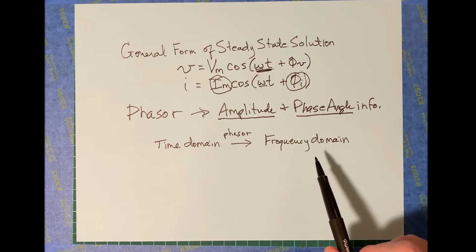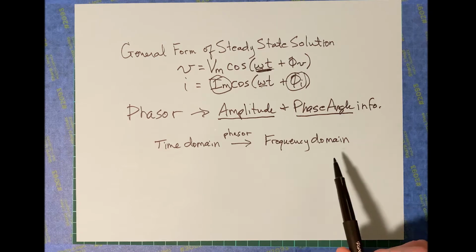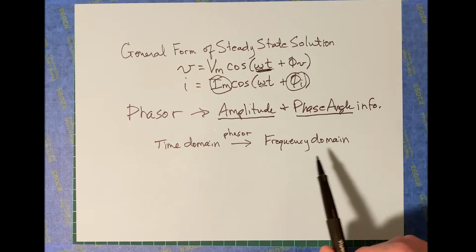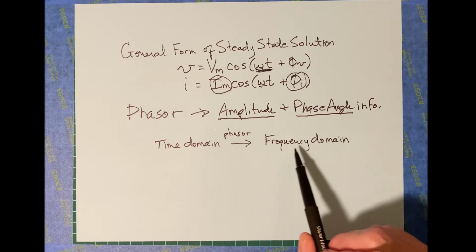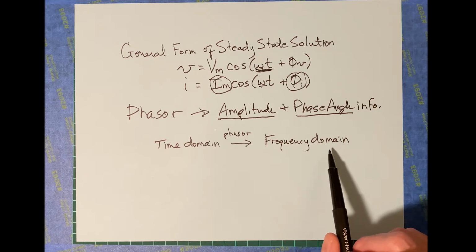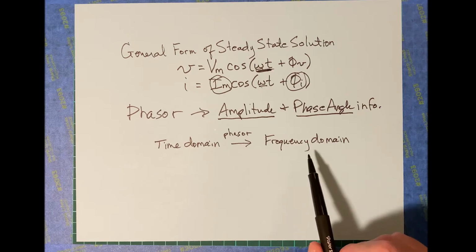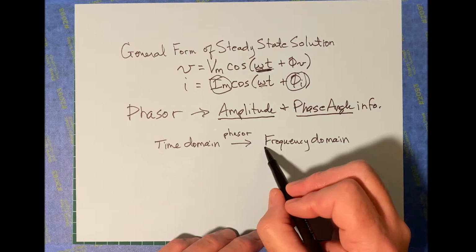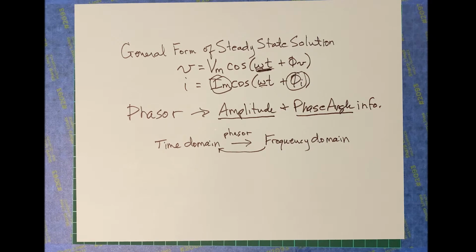So all the techniques, node voltage method, mesh current method, superposition, KVL, KCL, all of those things that we've talked about apply over here in the frequency domain. So you find your solution over here in the frequency domain, and then after you found your solution, you transform back into the time domain and you write your final answer.